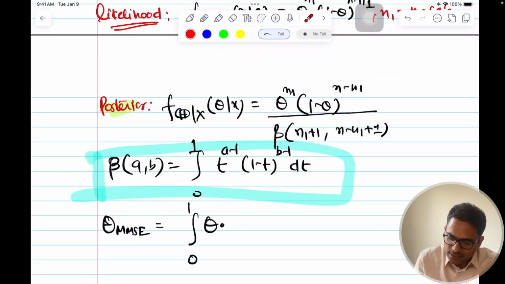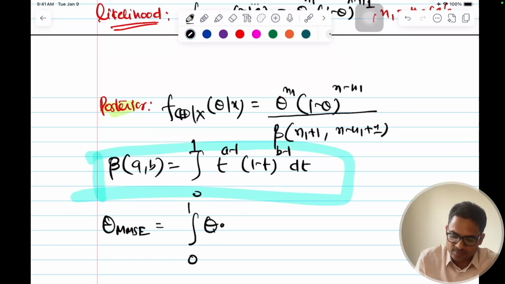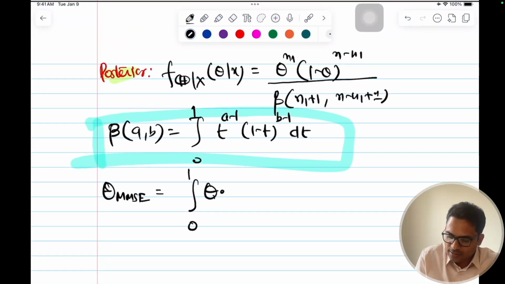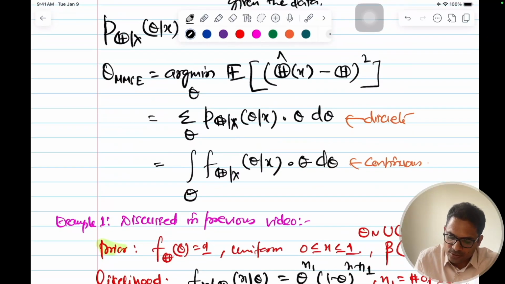What is the posterior? Theta to the power n1 and 1 minus theta to the power n minus n1, and this integral is also there. Theta is in the range 0 to 1 because it is uniform.